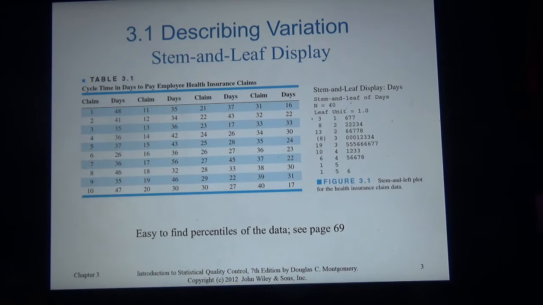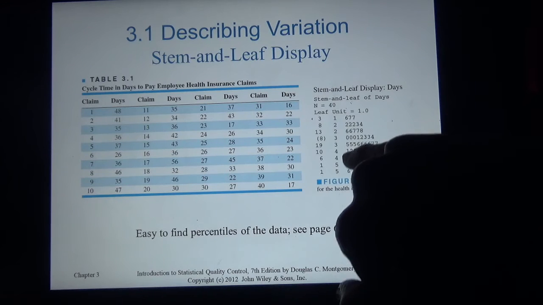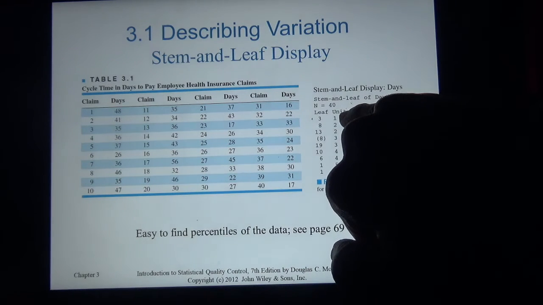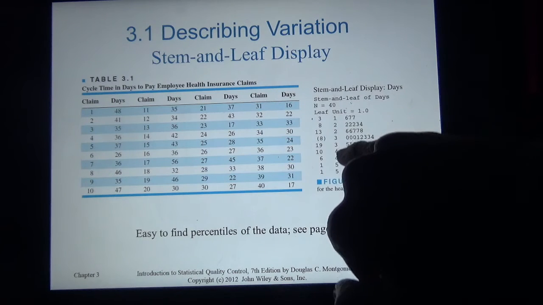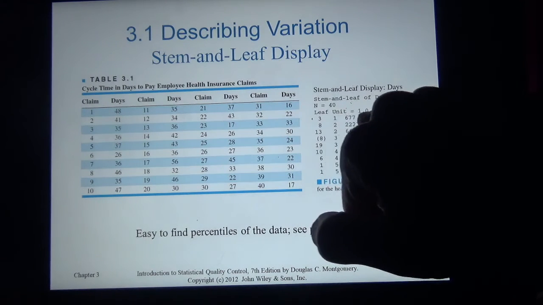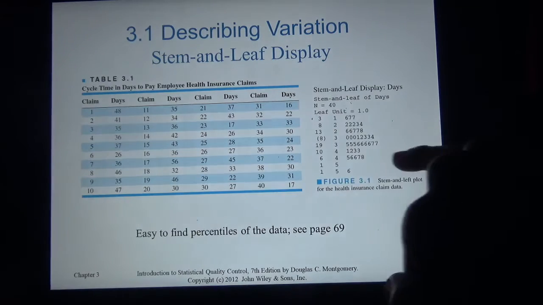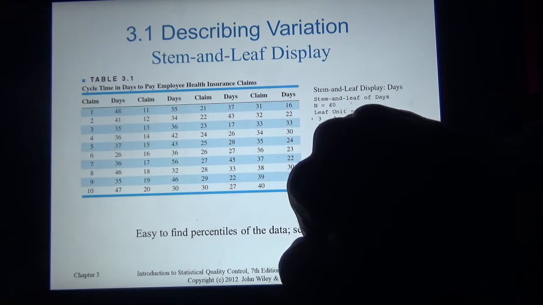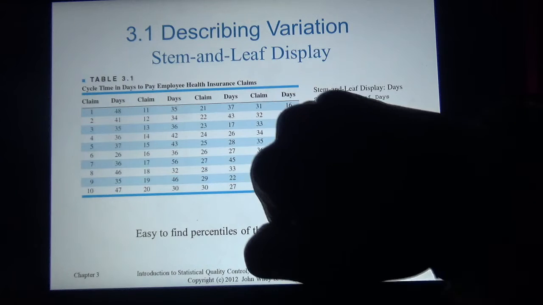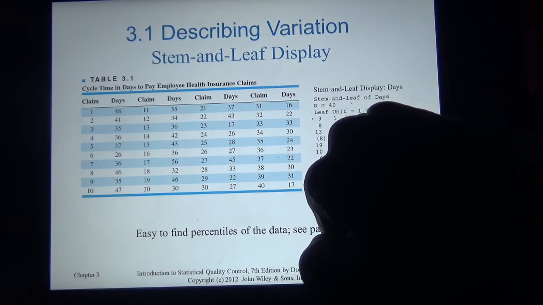After we arrange them, on the right we see the stem and leaf diagram. We write the tens digit as the stem and the ones digit as the leaf. For example, we had 16, so we write 1 here and the 6 here, so we symbolize that we have only one 16.